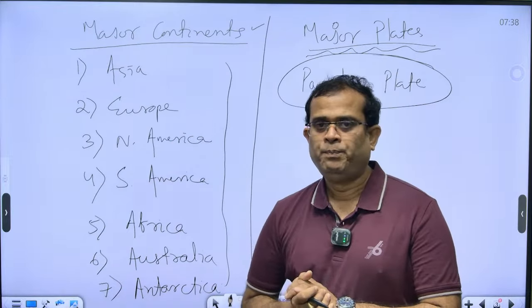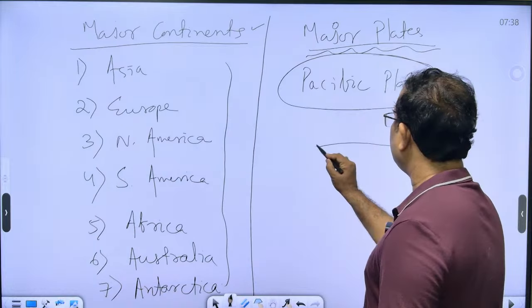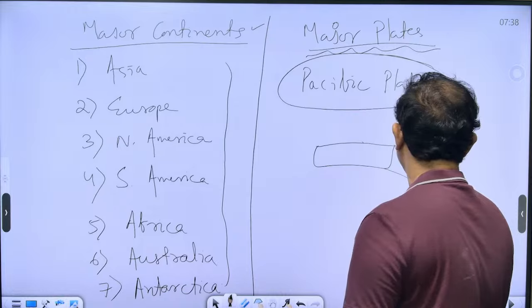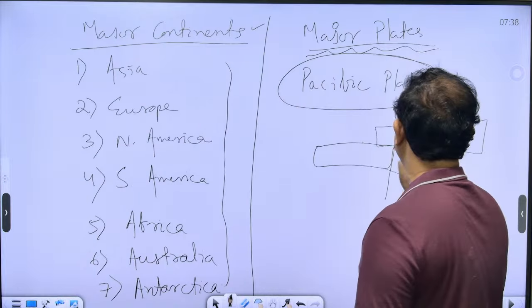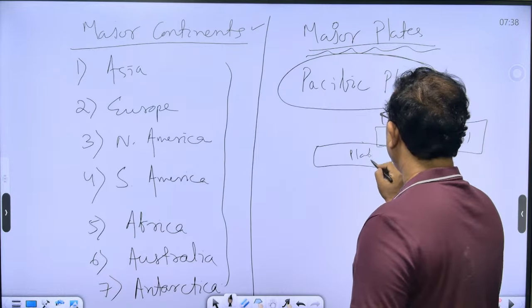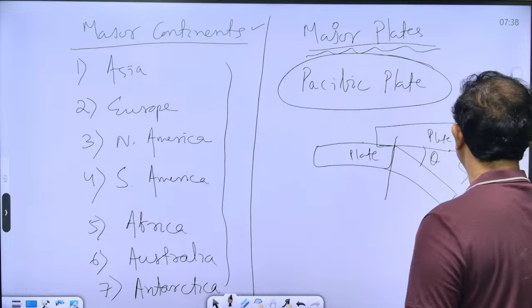How? Because maximum subductions happen there. Subduction means one plate goes over another plate. This is your subduction zone. Another plate is overriding another. This is plate 1 and this is your plate 2, and this is your theta. That is called your subduction zone.